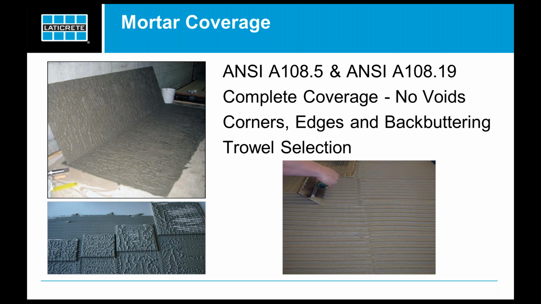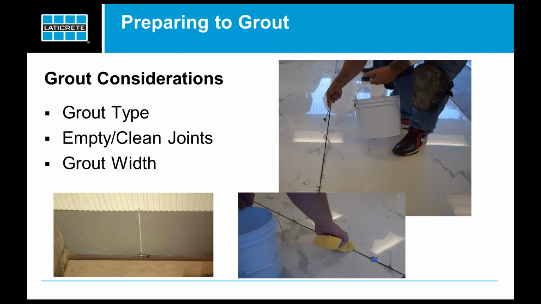That's different than your regular coverage criteria for a large format material, which could either be 80% for interior work or 95% for exterior work. But just keep in mind that you want to get maximum coverage. You want to embed these tiles so there are no voids. So if you roll a cart over them or you drop something on them, you're not going to hit a pocket or a void that doesn't have adhesive coverage.